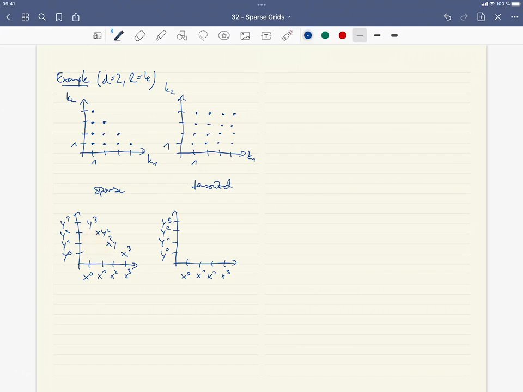The max degree ones have a bunch of them in addition: x cubed y cubed, and x cubed y squared, which the max degree polynomials of order 3 have in addition. So you see that these schemes very much mirror the structure of the sets of total and max degree polynomials.